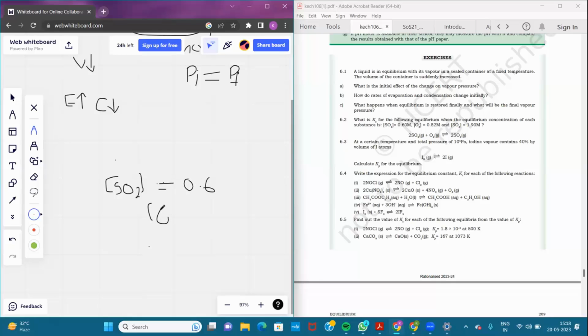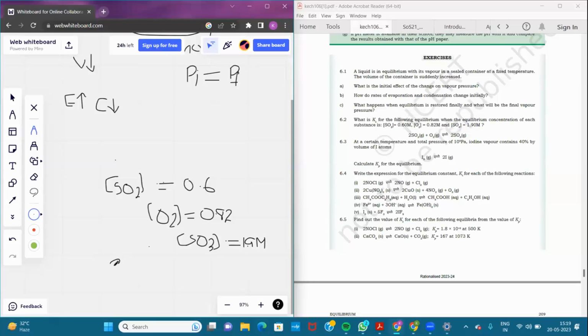Concentration of O2 is 0.82. Concentration of SO3 is 1.9. Also, please always take care of the units. Sometimes we need to convert the units. So I'm mentioning here molar.